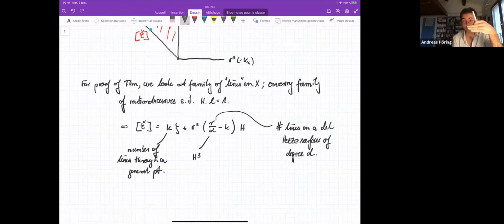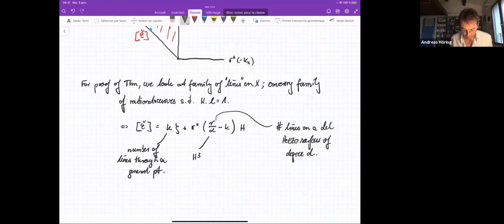So for example, for the cubic threefold, we know that there are exactly 6 lines through a general point. Moreover, the cubic surface has 27 lines, and so then you plug this into the formula, and you see that the cubic threefold does not have big tangent bundle. Once you've got this it is very easy.